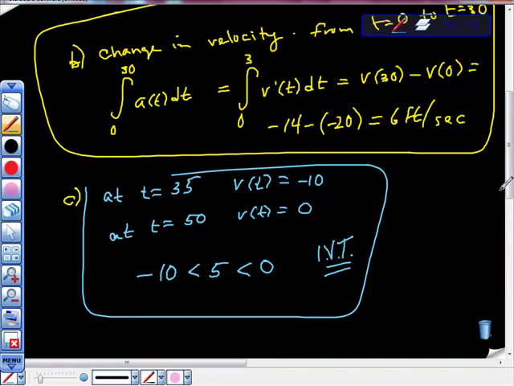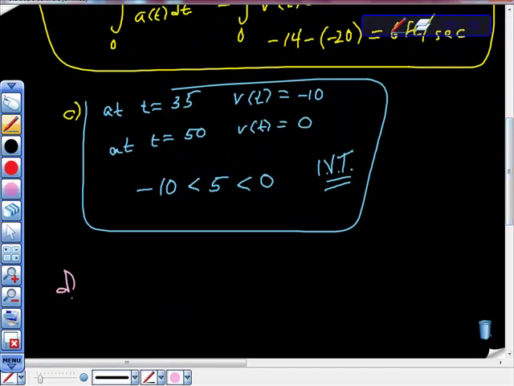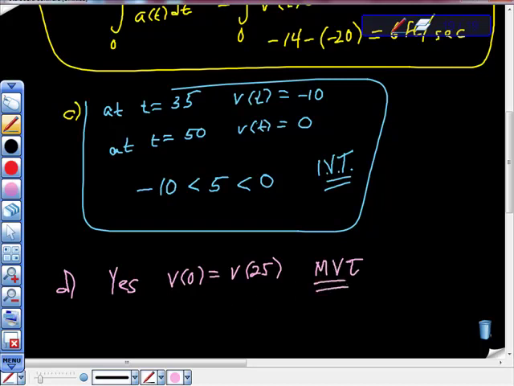I'd say, okay, yes, D. Say yes. V of 0 is equal to V of 25. Yeah, I used Rolle's theorem. The scoring guide used mean value theorem. It doesn't matter. You can use either one, but it guarantees that these things are the same. So mean value theorem, A of t.